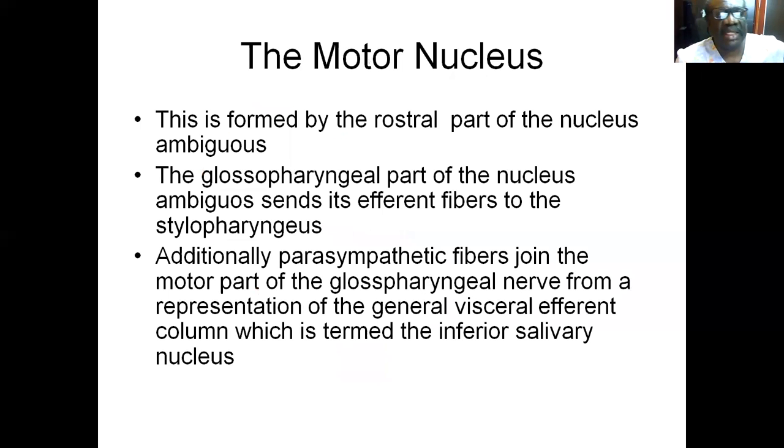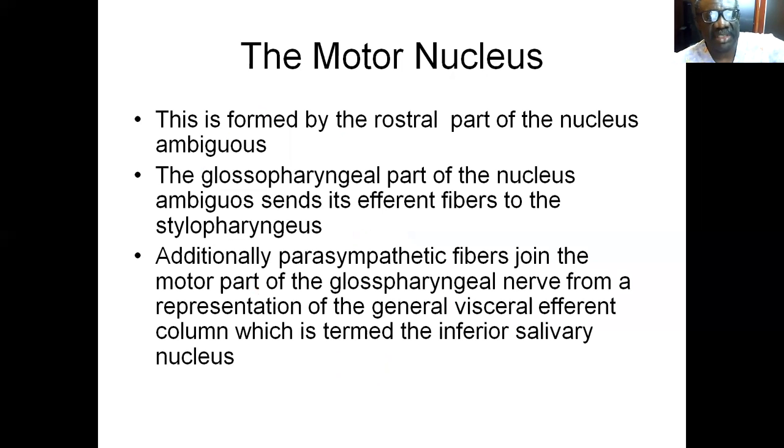We're going to look at the motor nucleus of the glossopharyngeal nerve. This is formed by the rostral part of the nucleus ambiguus. The glossopharyngeal part of the nucleus, I must say, is the nucleus ambiguus, sends its efferent fibers to the stylopharyngeus.